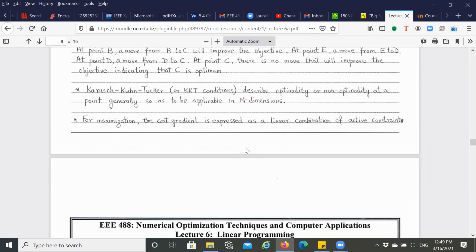And KKT is also used to, so what I can do is, if you have an LPP problem, another good thing about LPP problems is that every LPP problem has a dual. That means I can convert an LPP problem with a large number of decision variables into an alternative form with fewer decision variables. And why is it important?